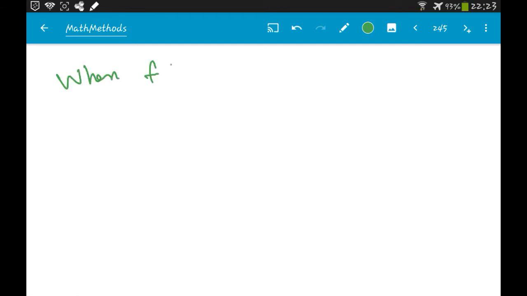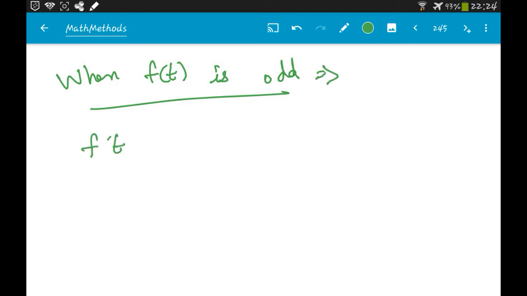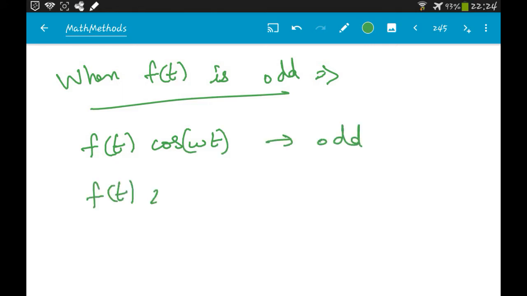When f of t is odd, right, then what happens? Then f of t cos omega t is going to be odd, and f of t sin omega t is going to be even, right?